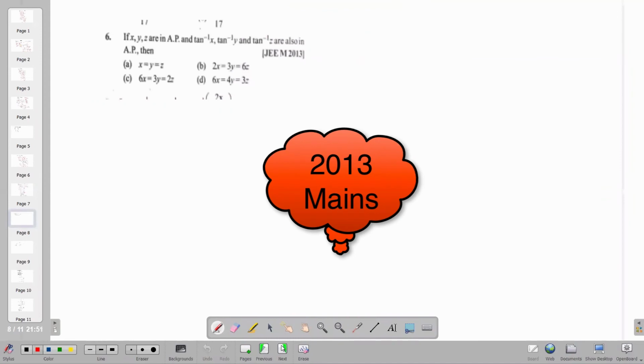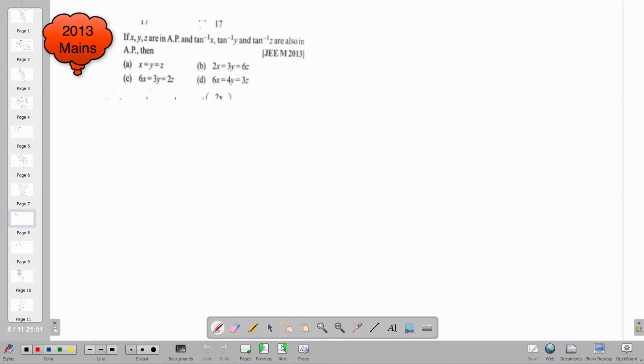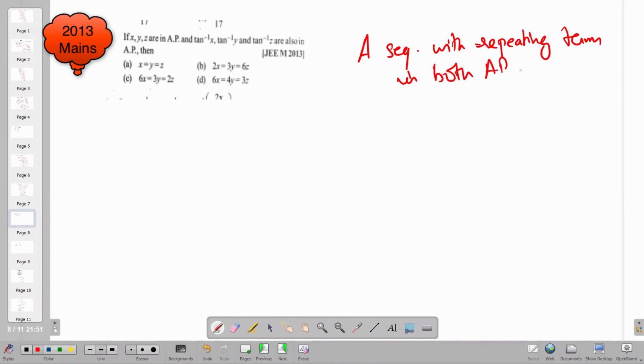The next question is, you should know that a sequence with repeating terms is both AP as well as GP.